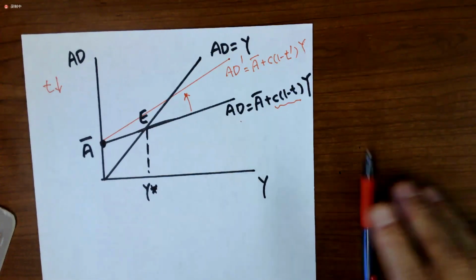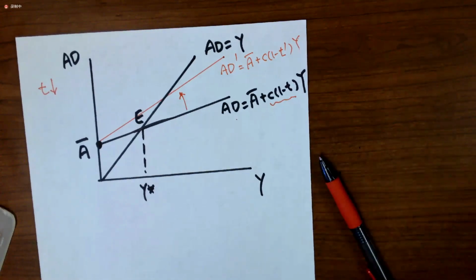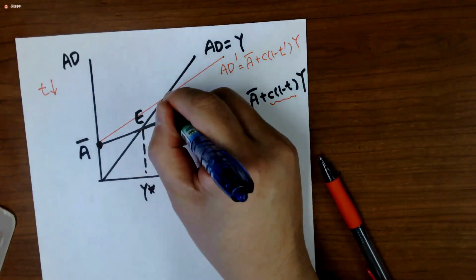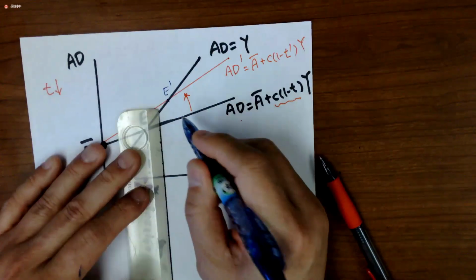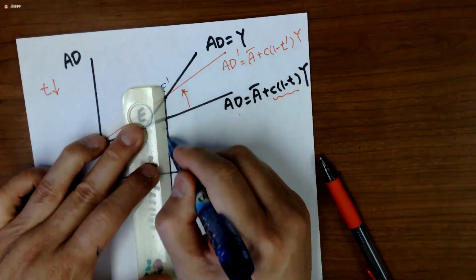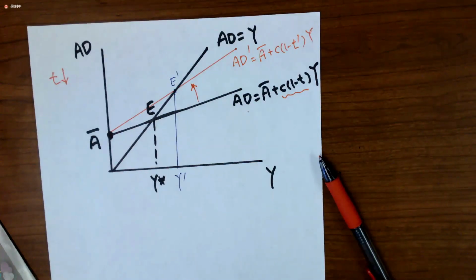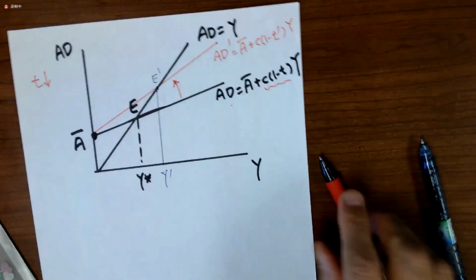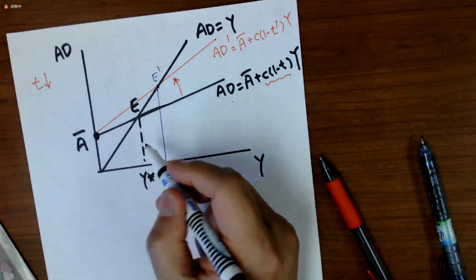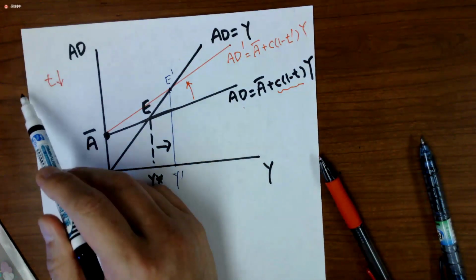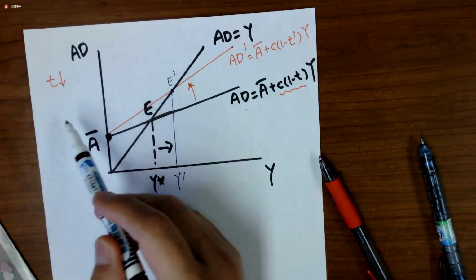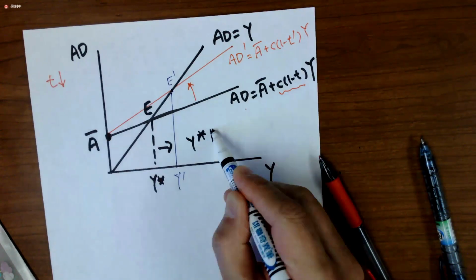Good. And then you say, oh, we go to the new intersection, give me E prime. So therefore, I'm going to have my Y prime. T goes down, but Y star goes up.